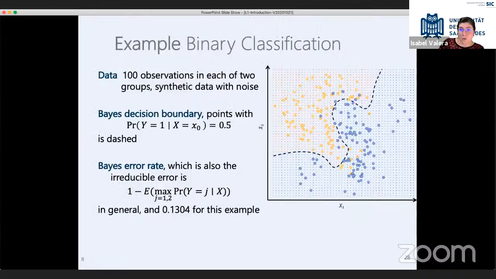So just to give you a more visual example, now we assume that we have two variables, X1 and X2, and each of these observations, which are these circles, belongs either to one class or another, which are the yellow and the blue ones.